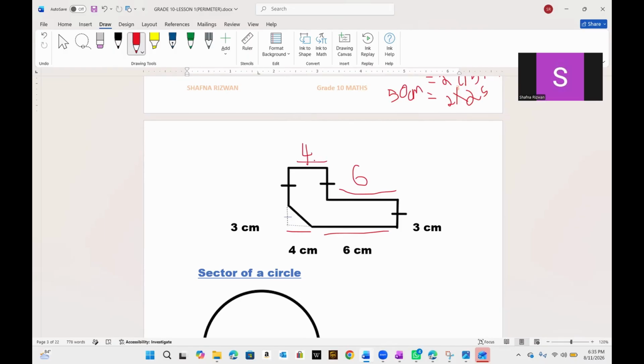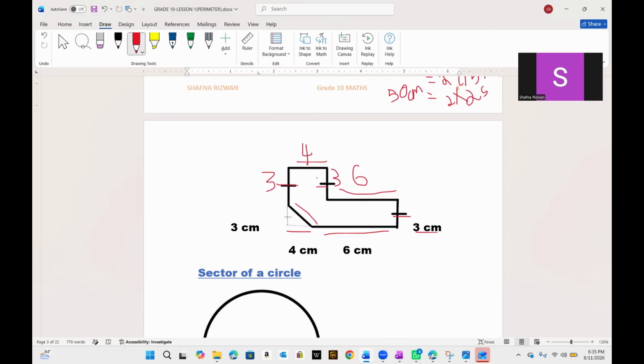And mainly think here if it is 3 centimeter, they have told it's equal to this. Then this is also 3 centimeter equal to this. Then this is also 3 centimeter. Now, what is remaining here? Now the remaining part is this part. We have to find this part.